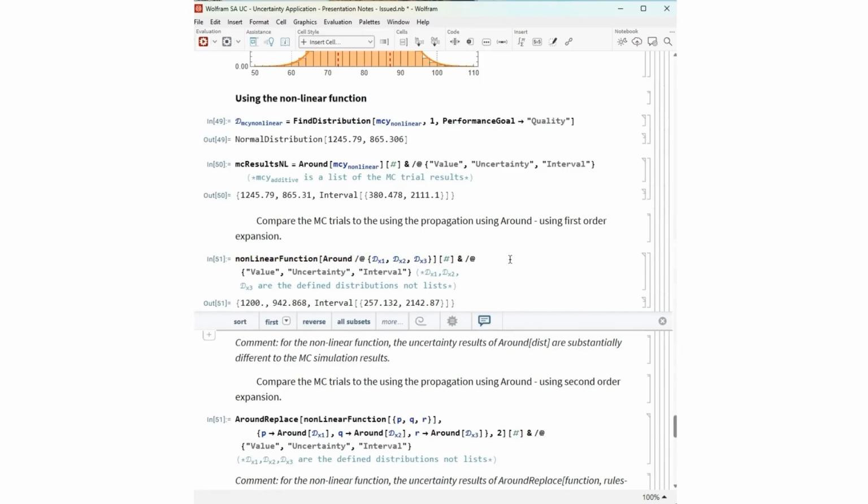You'll notice that the means and the uncertainty intervals are somewhat different, indicating a need to propagate error using a round at a higher order expansion.